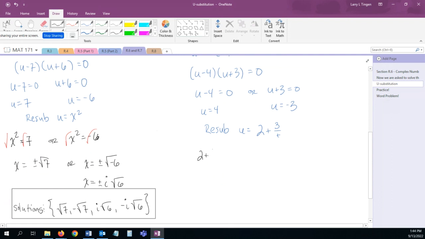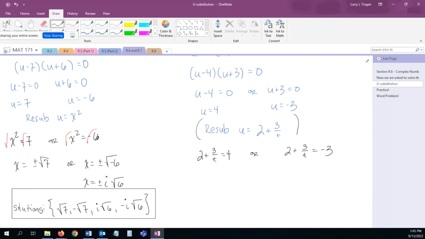So that means I have 2 plus 3 over t equals 4, and 2 plus 3 over t equals -3. Everybody cool with how I went from there to there? Any questions on that?